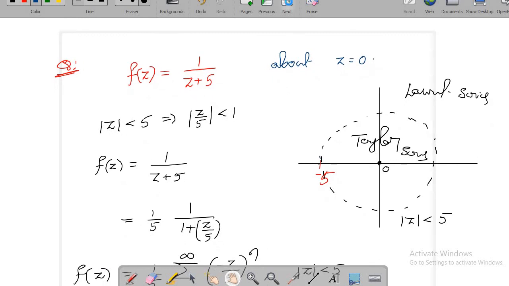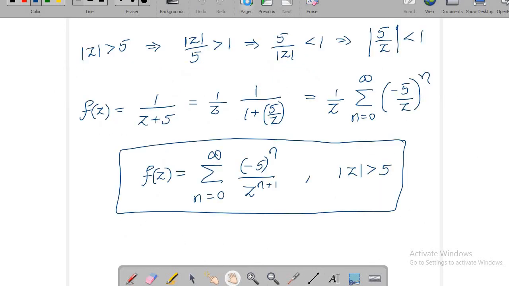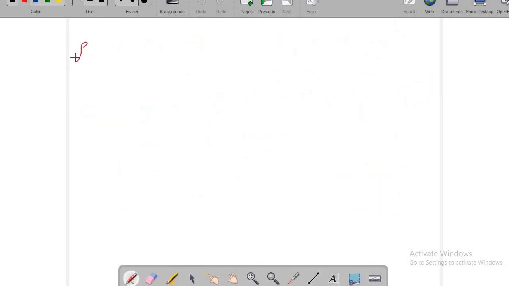In the next class we'll solve a few more problems, like what happens if you have f of z equal to 1 by z minus 1 into z minus 2. This time there are two singular points, not just one. So we'll look at this problem in the next class. And you do one thing, take it as homework.